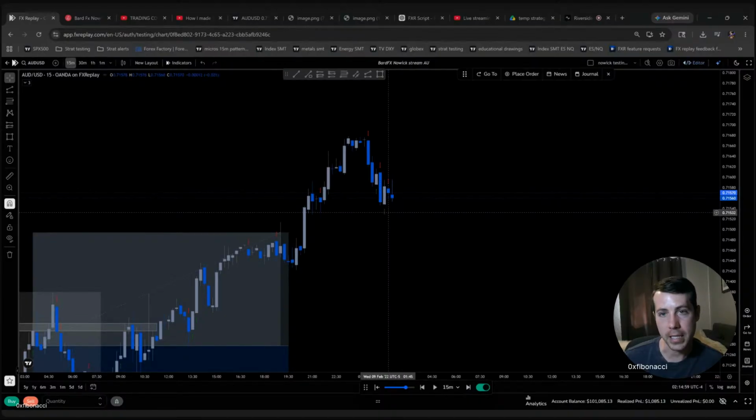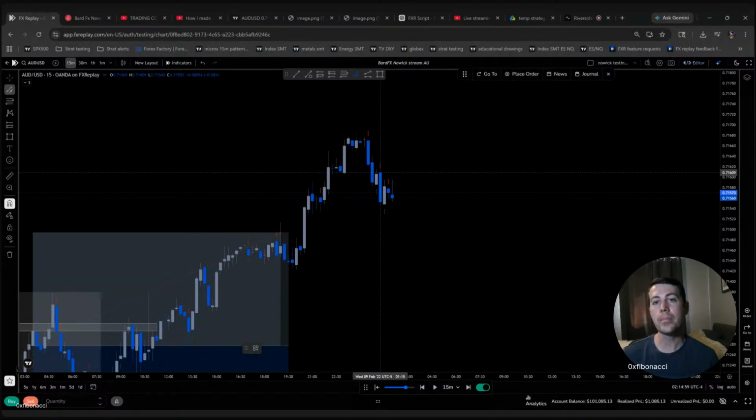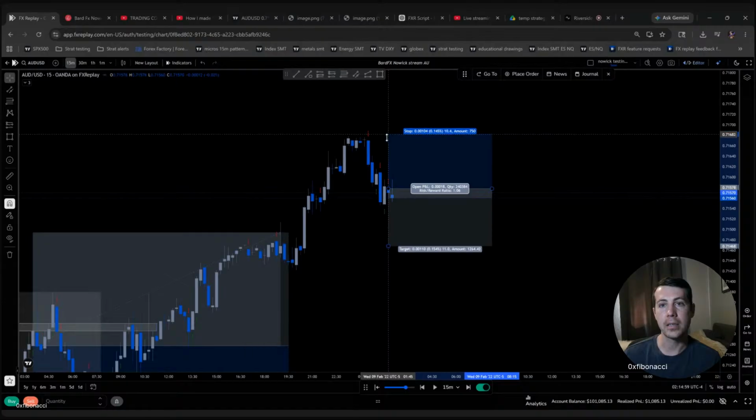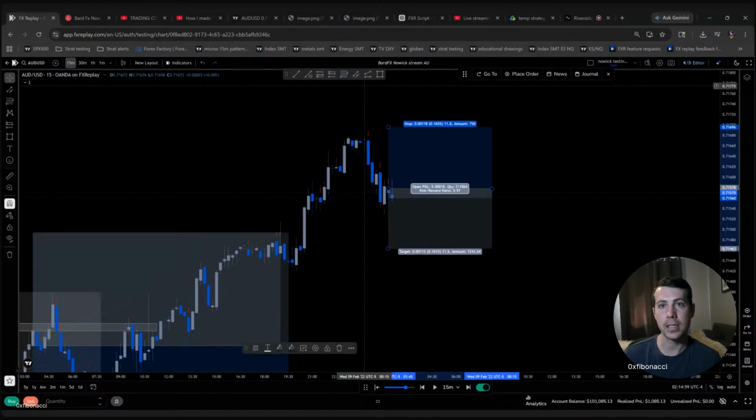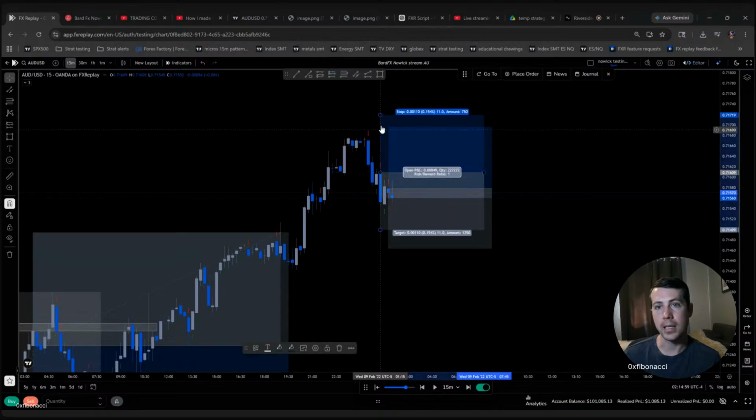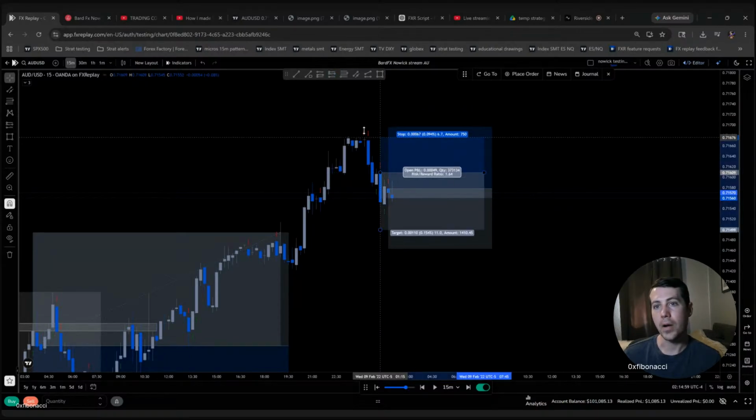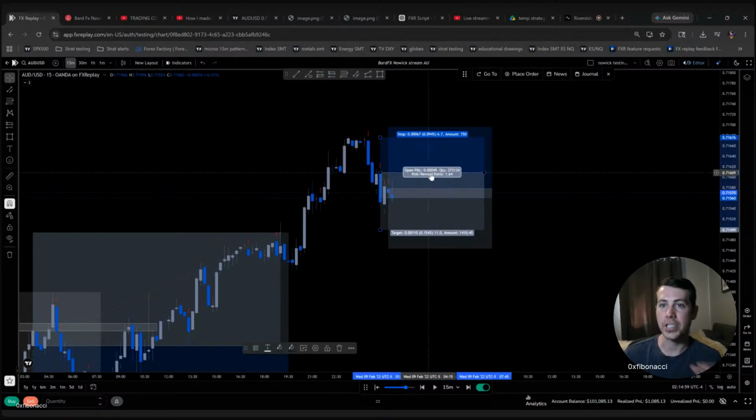Obviously we retested this one, but this is something you can play around with. It honestly hasn't happened too much in my testing. You could, number one, as he does in his video, take a trade here, stop at swing high, go for your 1-to-1 with this, and then take another trade at this, and basically go half risk on each of these. So you're averaging into them.